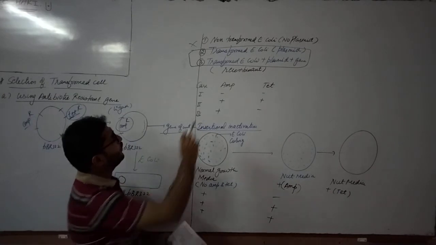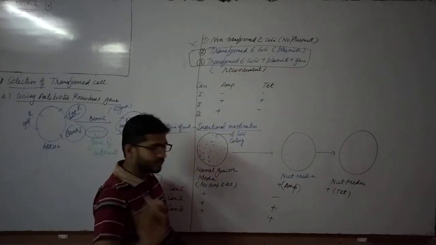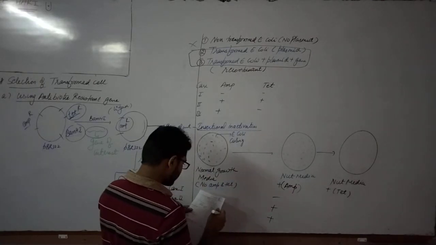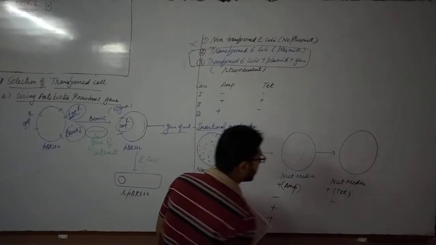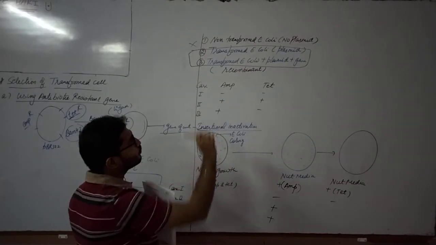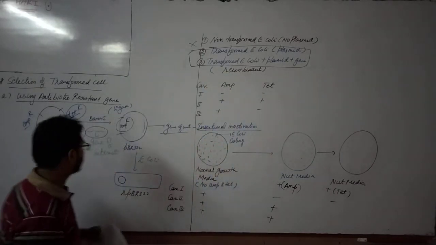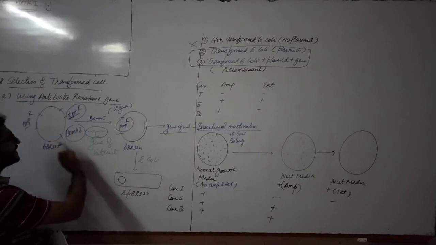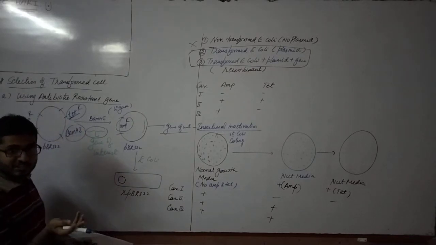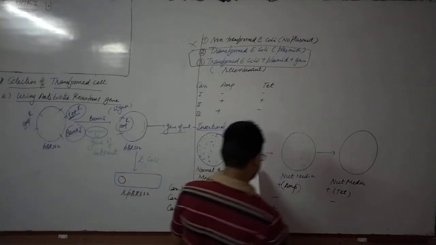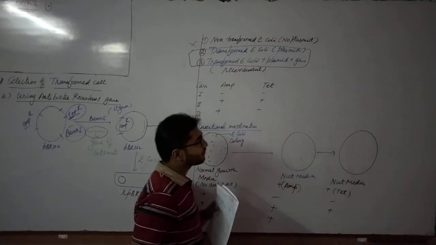Now, non-transformed E. coli, no plasmid, so that will not grow. So case 1, in the tetracycline medium, no growth. Transformed E. coli, plasmid is there. This is the intact plasmid. The tetracycline resistance gene is there because it is only plasmid without foreign DNA. So plus, it will grow.